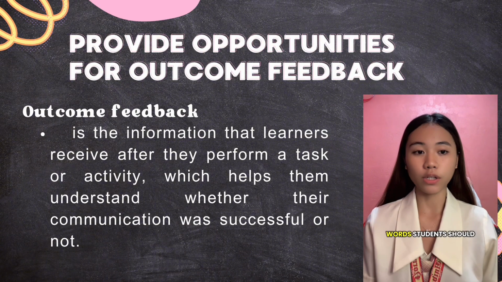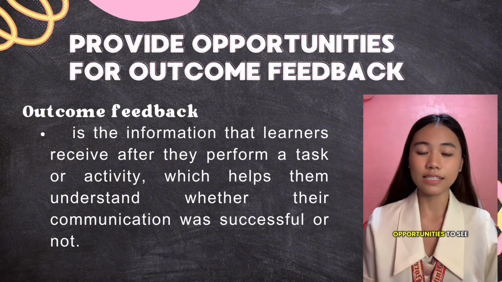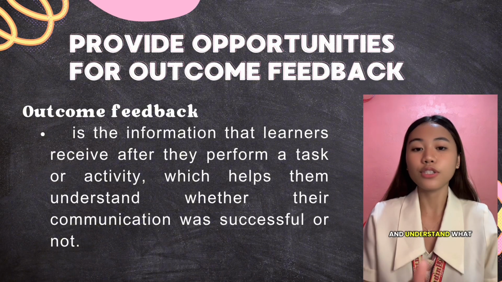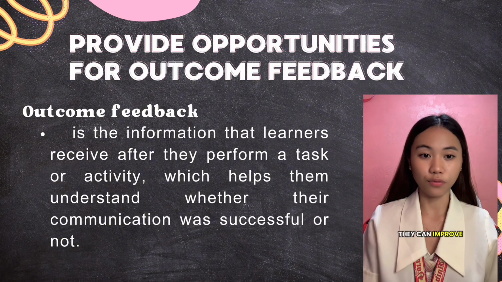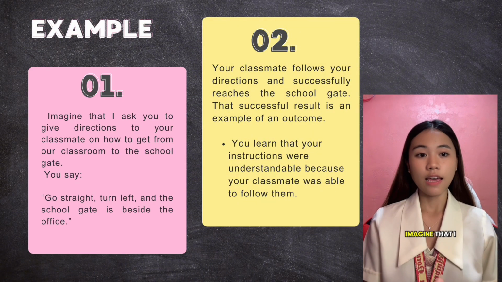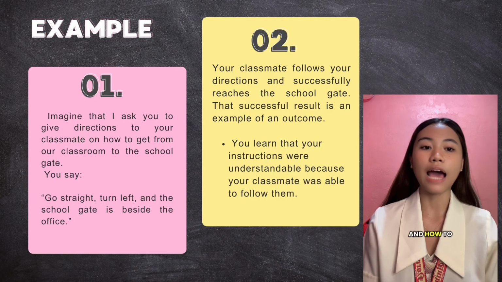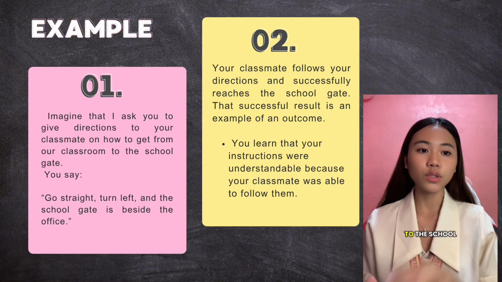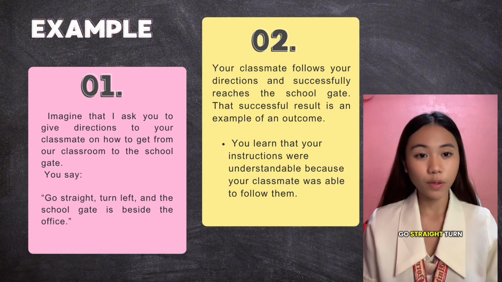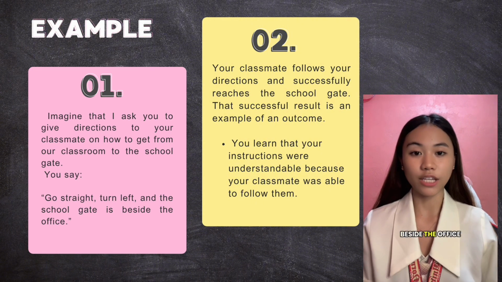In simple words, students should be given opportunities to see the results of what they have done and understand what they can improve. For example, imagine that I asked you to give directions to your classmates on how to get from school to the school gate, and you say, go straight, turn left, and the school gate is beside the office.